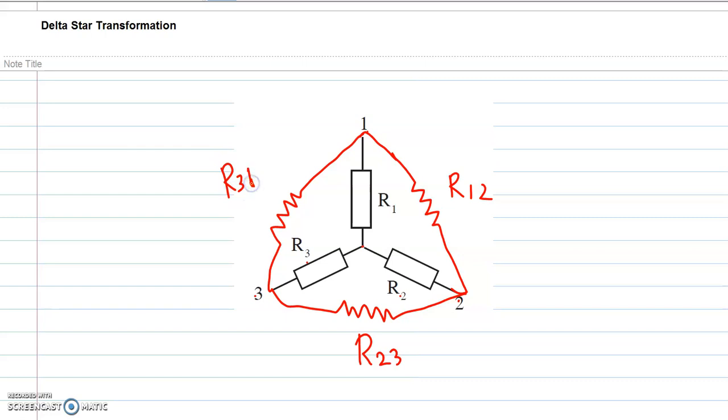So for finding the resistance R12, it is very easy. You follow this convention. In the numerator, it will be the sum of the product of the resistances inside the delta network, that is the star system.